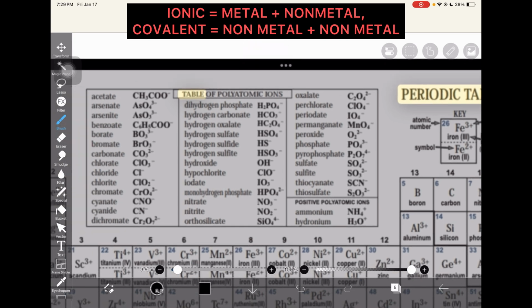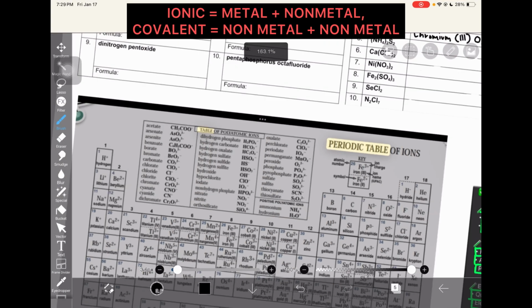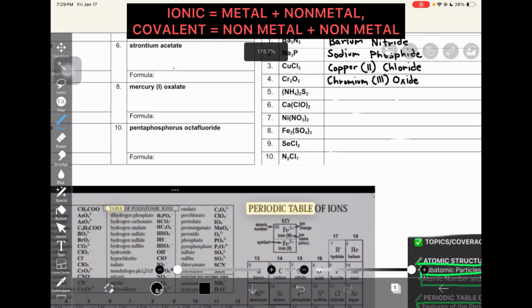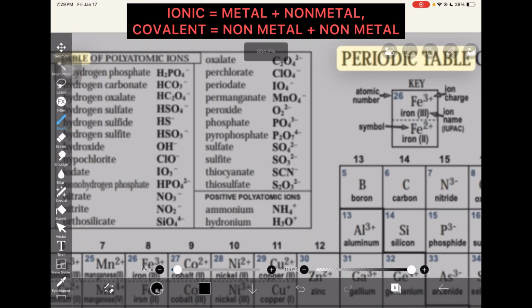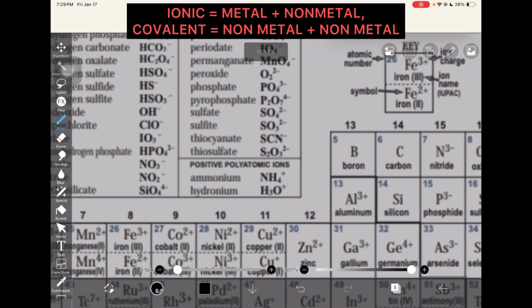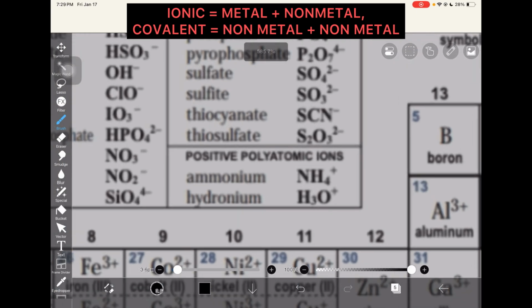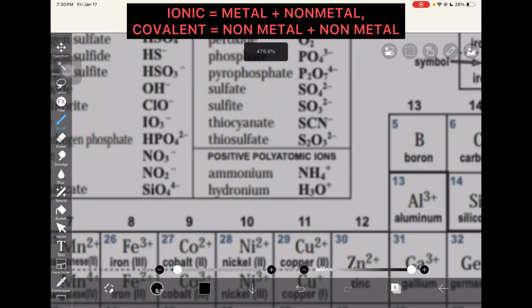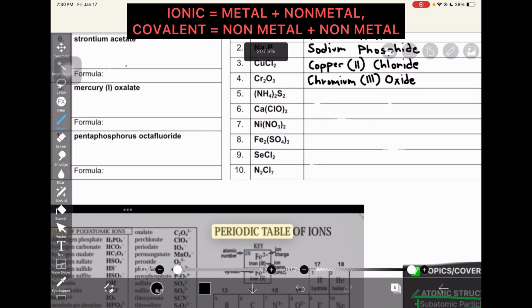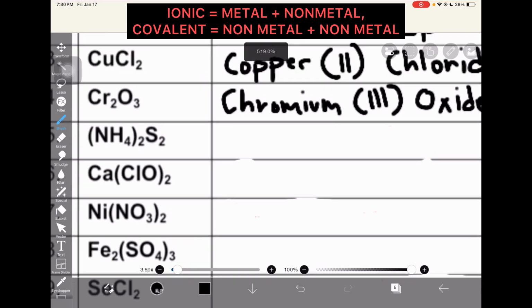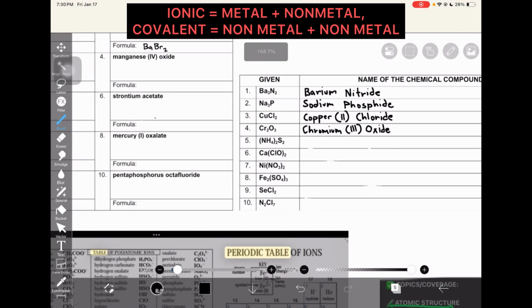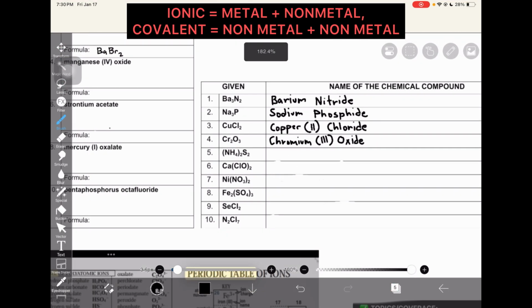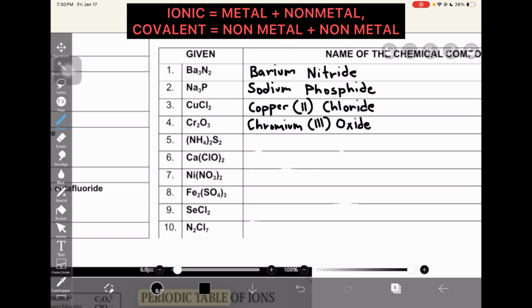It's kind of hard to see it from here. NH4 is ammonium. These are positive polyatomic ions, and they seem to be treated like the positive charge. I know that there are no prefixes here. I've seen the answer key.